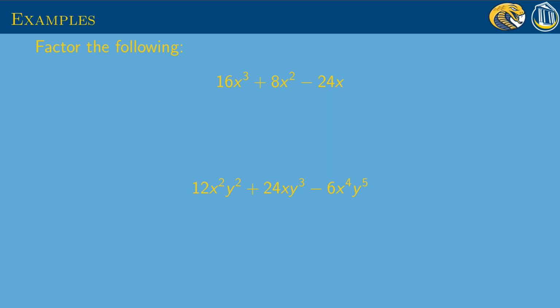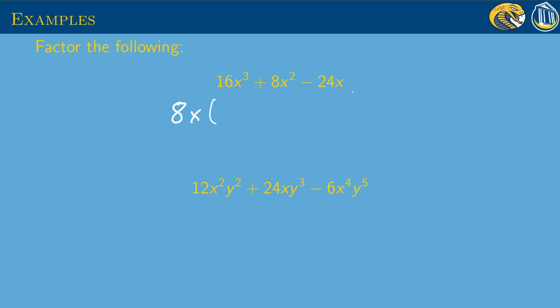Remember, we want to pull out the largest factor we can that is in all of the terms here. In this case, we can pull out an 8 out of each of them, since each of these is divisible by 8. And we can also pull out an x. You might think, well, can't I pull out an x squared because of these first two terms? And you can't, because we can't pull an x squared when there's only one x to go around.